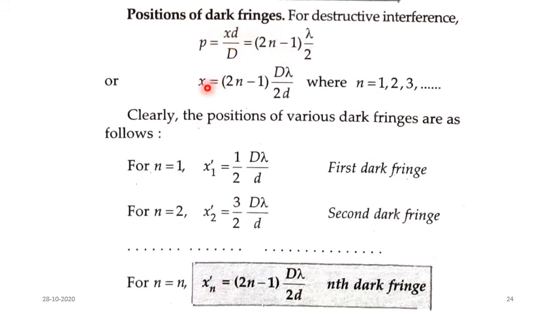From this I can simplify: x equals (2n minus 1) D lambda by 2d. Now we will start from n equals 1. When n equals 1, 2 ones are 2, 2 minus 1 is 1, so 1 by 2 D lambda by d. At that position, I will obtain my first dark fringe.